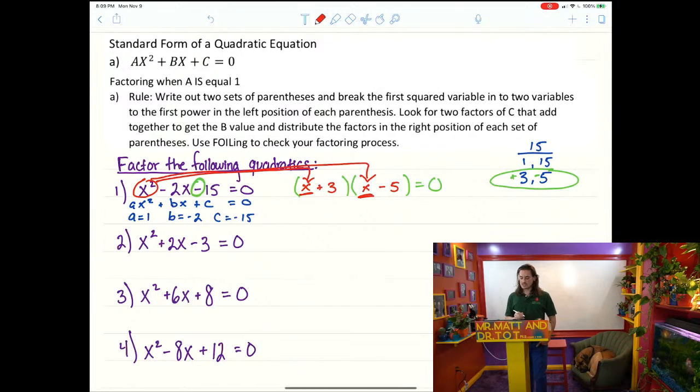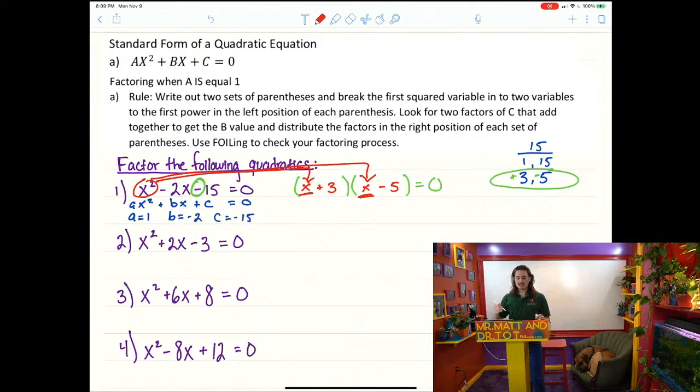When a is equal to 1, when we're talking about the simpler version of factoring, I don't really need to worry about the order or the placement of where I put -5 versus +3, because the inner times inner and outer times outer values that end up adding together to produce the b value, they don't have leading coefficients in front of the x's, so they're not affected by anything when they're multiplied together.